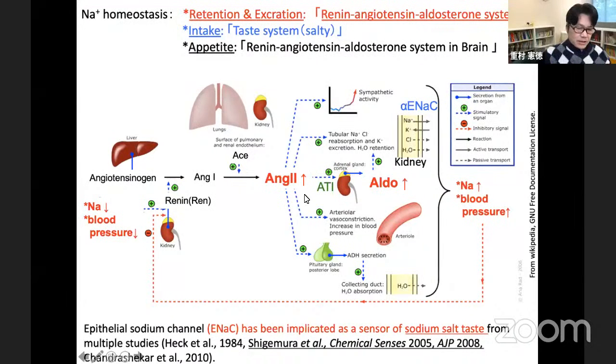And angiotensin 2 induces aldosterone secretion via its receptor AT1. Aldosterone stimulates sodium reabsorption via the epithelial sodium channel ENaC, which results in the increase of body sodium level and blood pressure.